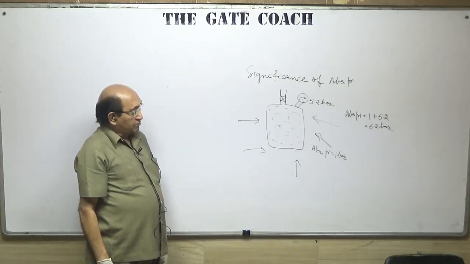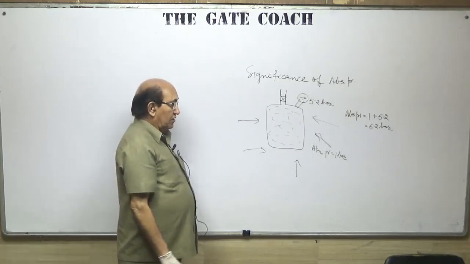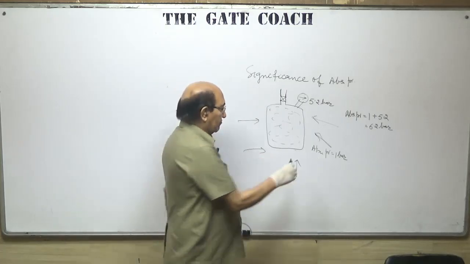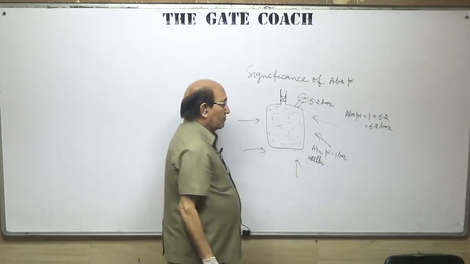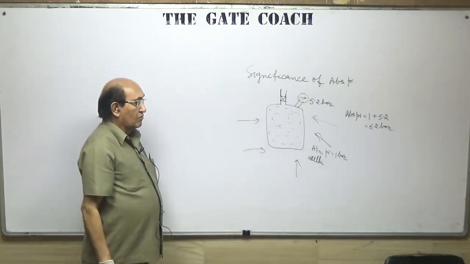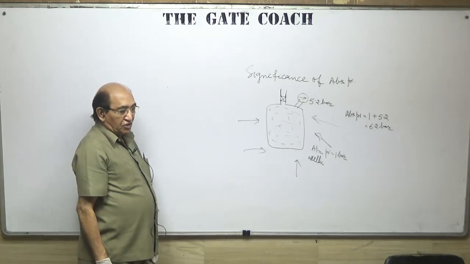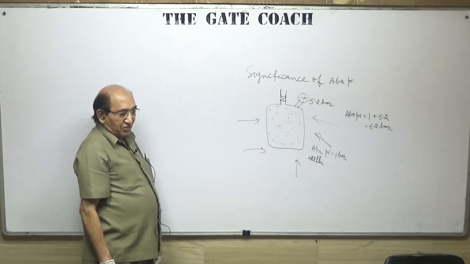I am doing an experiment at a place, say Delhi, where atmospheric pressure is 1 bar. So that means all my calculations in the equation PV is equal to RT shall be done with the help of 6.2 bar.